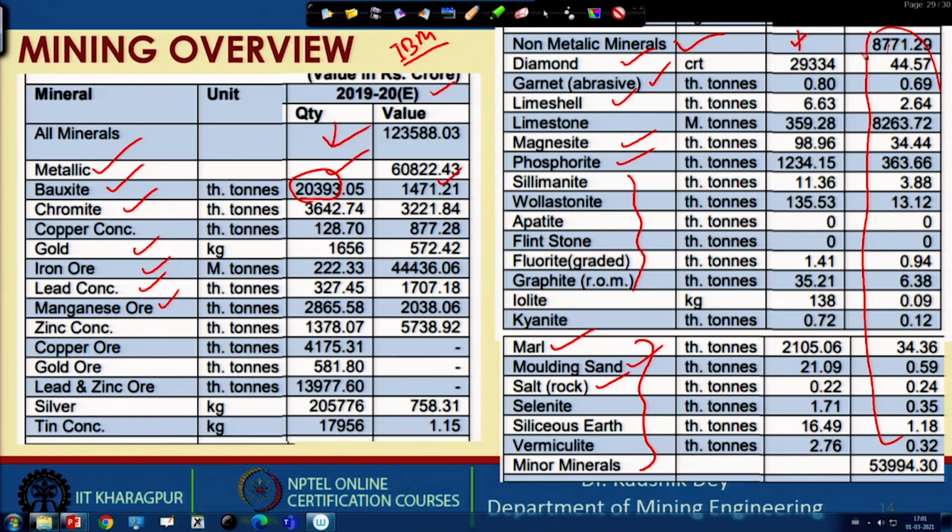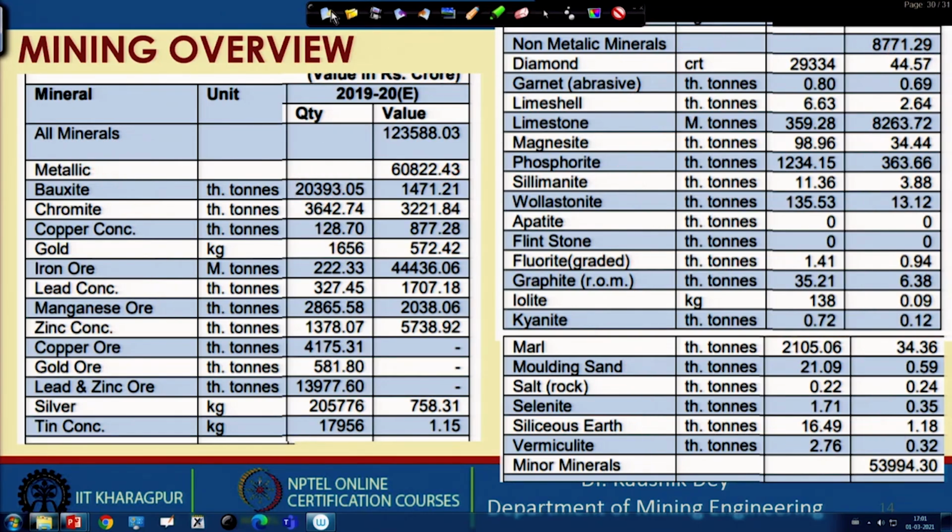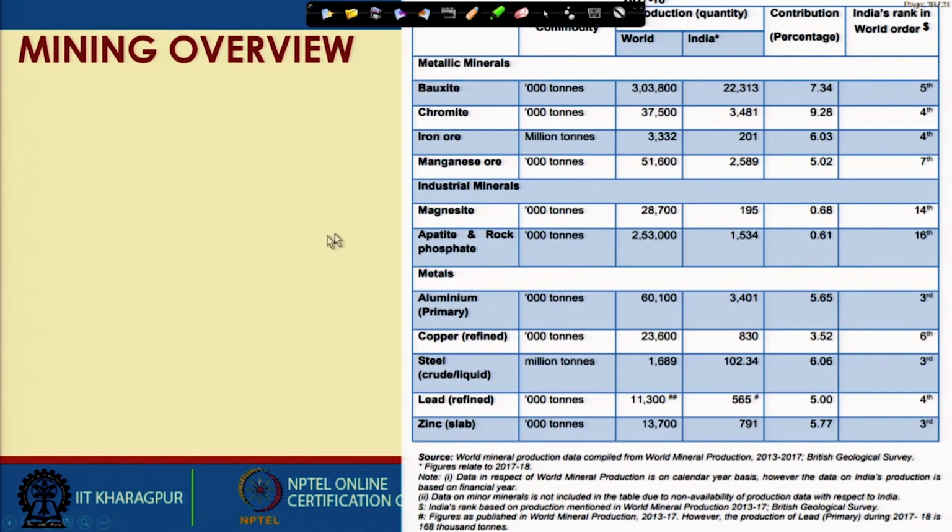You can see this is in rupees crore. This is the total in rupees crore, how much mineral is excavated, and it is basically explained in this figure. If you look into this, India is not far behind in international standards.